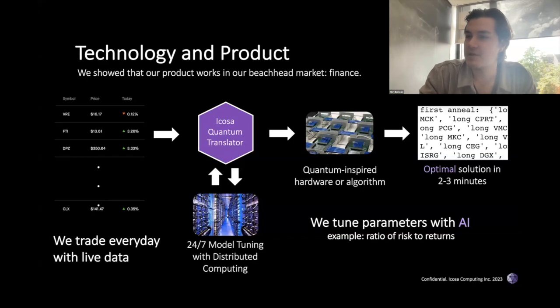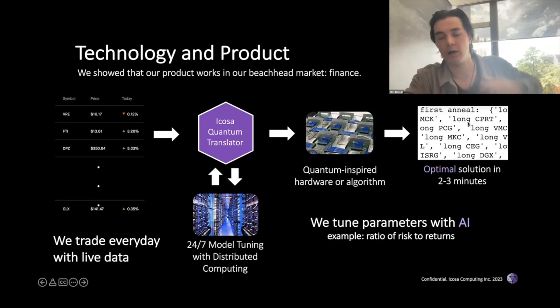If this presentation was around New York's market close, we could have traded live with you guys, but unfortunately we're too early for that. But we trade every day near the market close. So we get the data, we feed it through the modeling that we do, and I'm going to talk about the model tuning in a bit. We feed it through the solvers that I just discussed, the quantum resources, and reach an optimal solution.